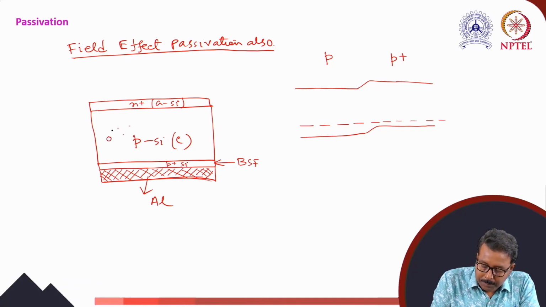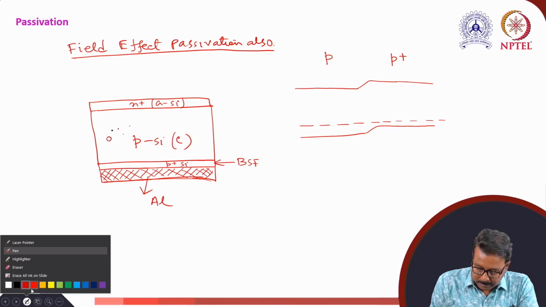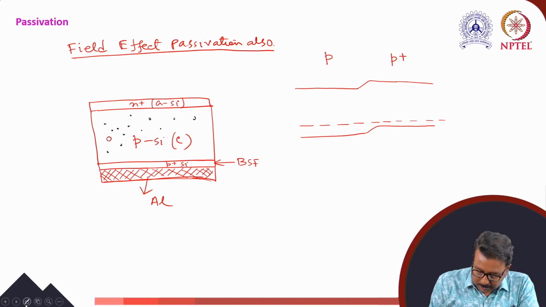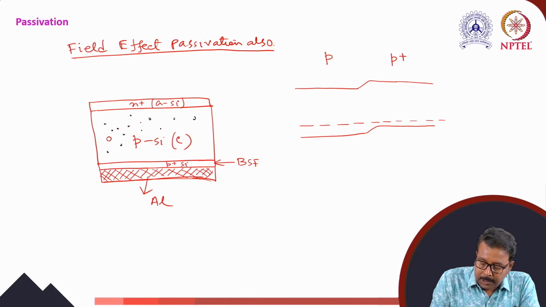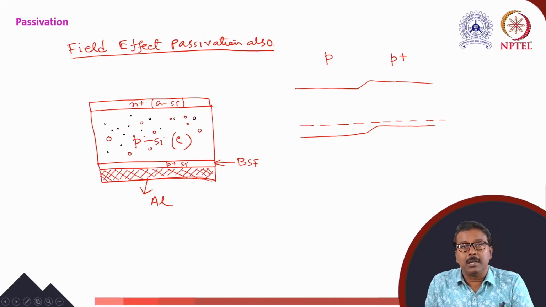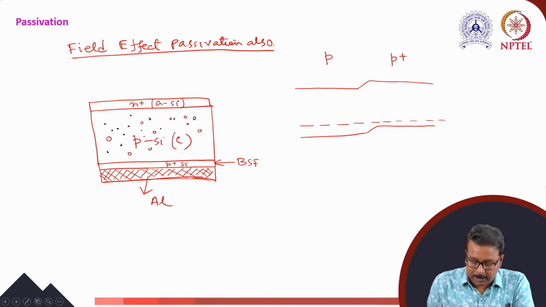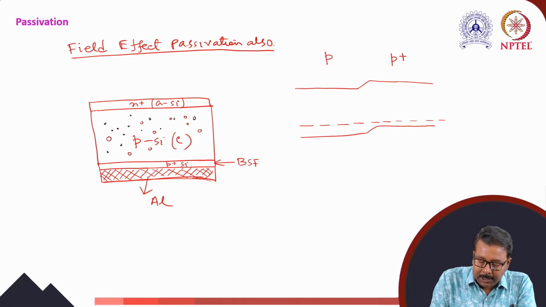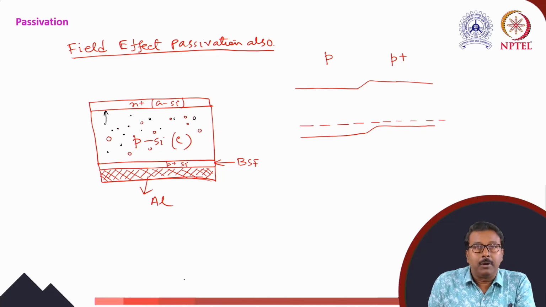So these are so many electrons. Holes also are there, they are generated in pair, but minority holes are not important here because minority electrons are important, because this excess minority electrons should propagate from this direction to this direction for separation.